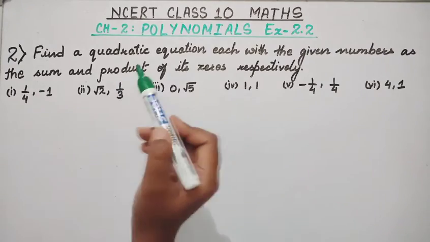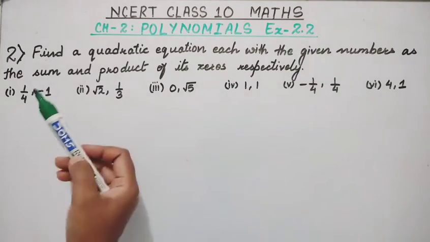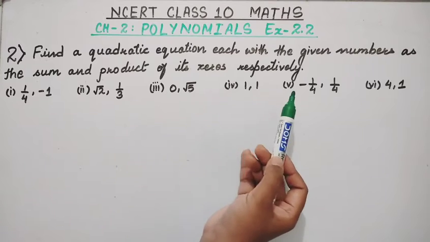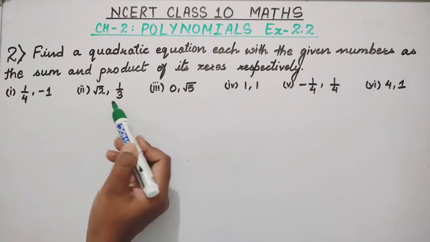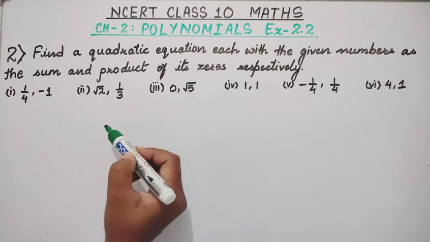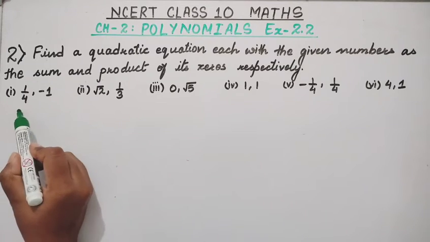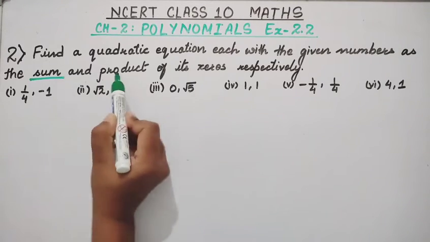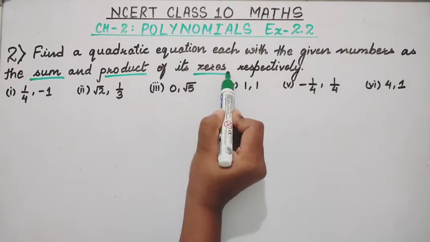Find a quadratic equation each with the given numbers as the sum and product of its zeros respectively. Now these are not the zeros. We cannot put them directly in the equation. These are the sum and product of its zeros.